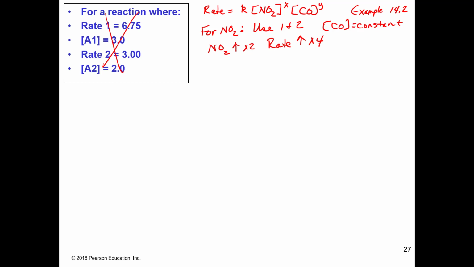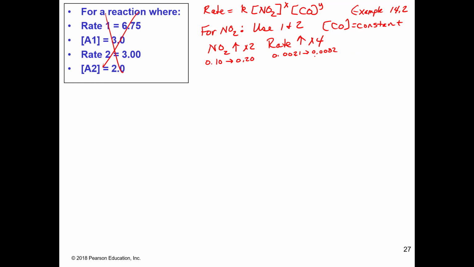That's times 4. 0.0021 times 4 is 0.0082. And you can divide those if you need to figure out what the number is.